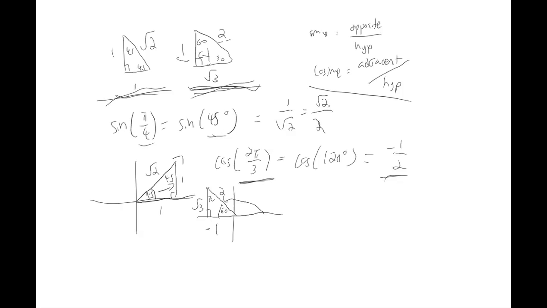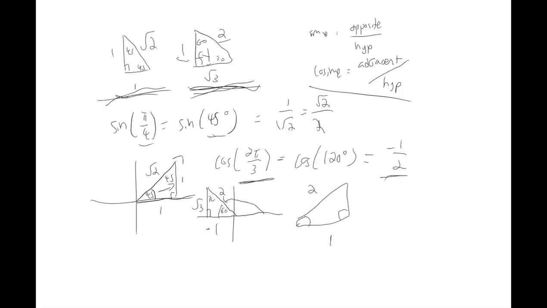Because 1 and 2, 1 divided by 2 is a half. But cosine is adjacent, right? So you want the angle where the adjacent is 1. I'm skipping some steps. So you want something where this is your angle, the adjacent is 1 and the hypotenuse is 2, right?